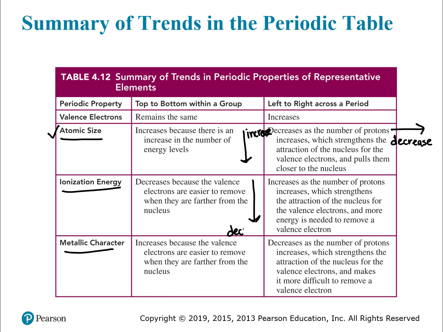So your ionization energy decreases. As you go from left to right, you're again increasing the number of protons, but you're not making your energy level any bigger. So those electrons that you're adding on, they're being held a little bit more tightly. So that ionization energy is going to increase across a period.